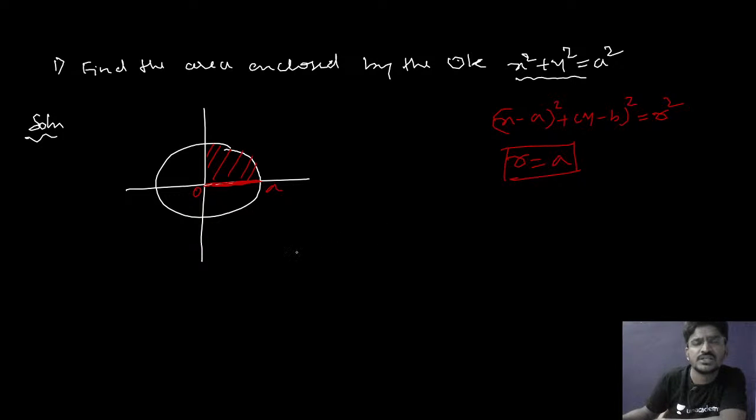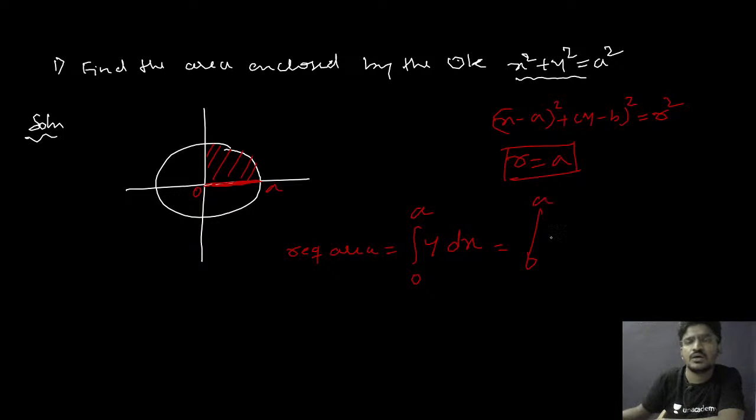For that you can just see required area is equal to integration from 0 to a curve y with respect to dx. Here curve y means this has to be converted to y. That will be 0 to a square root of a square minus x square with respect to dx.